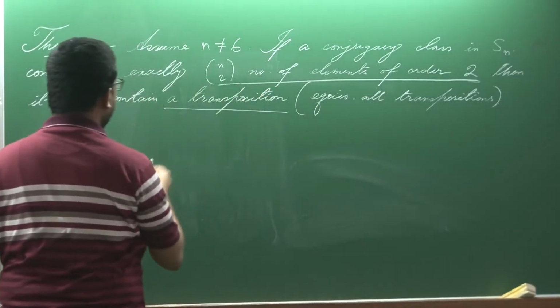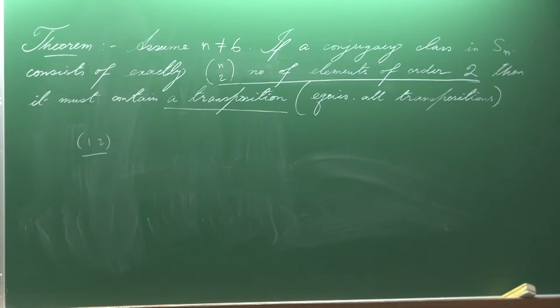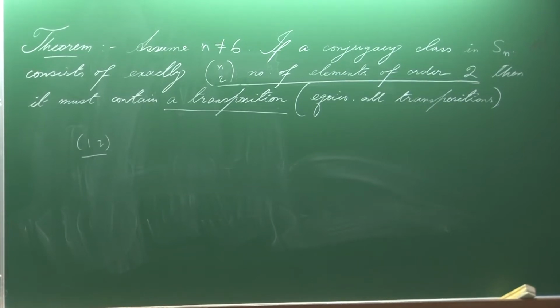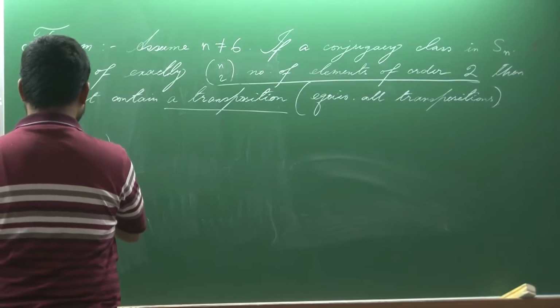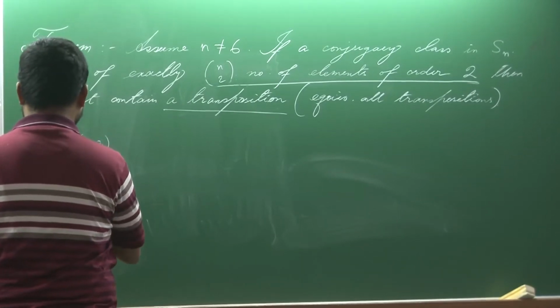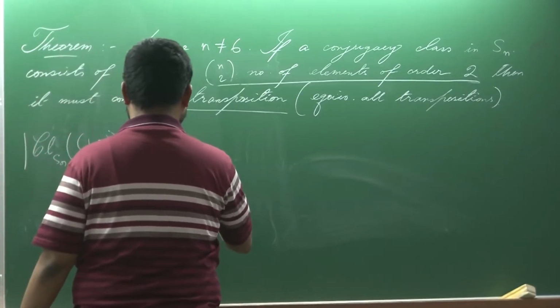Can we think of one such class, having these many elements? Of course, if we start with the transposition (1 2). How many transpositions do we have in Sn? nC2, right. So, the conjugacy class of this has order nC2.